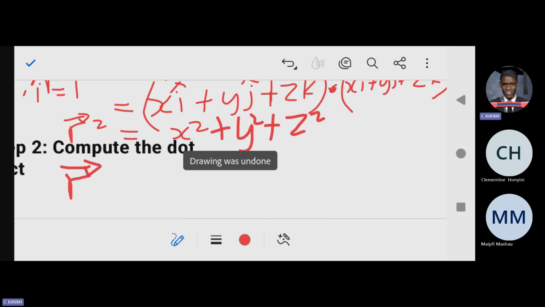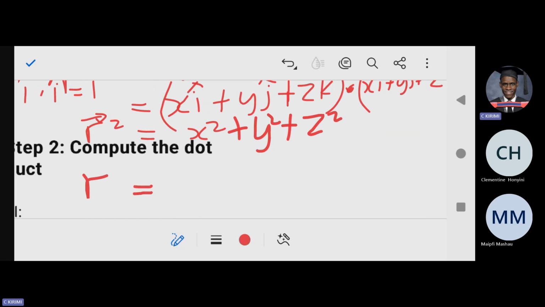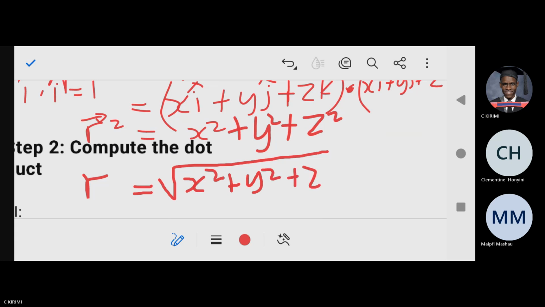I'm referring to the magnitude of r, that r, the scalar one, without the vector on top. If you want the magnitude, it is going to be equal to the square root. It does not have a vector, this one. Square root of x squared plus y squared plus z what? Z squared. Can you see it?